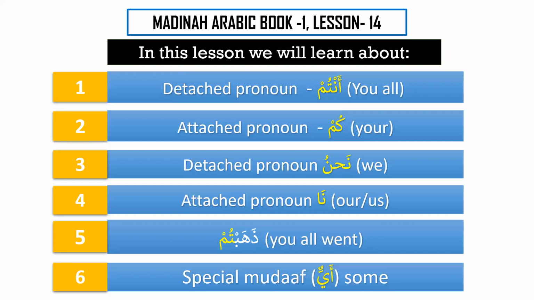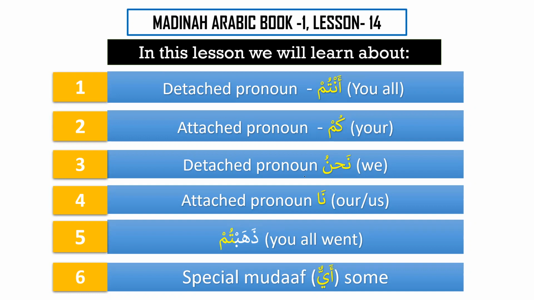Lesson number 14. And in this lesson, inshallah, we will learn about the detached pronoun antum, you all. And then we will learn about kum, which is the attached pronoun. We know that anta and ka are used for singular, and antum and kum are used for the plural.